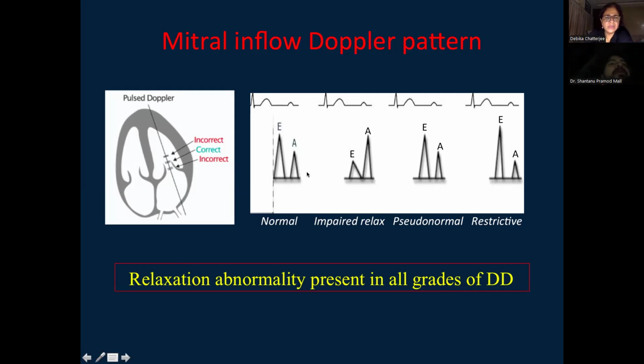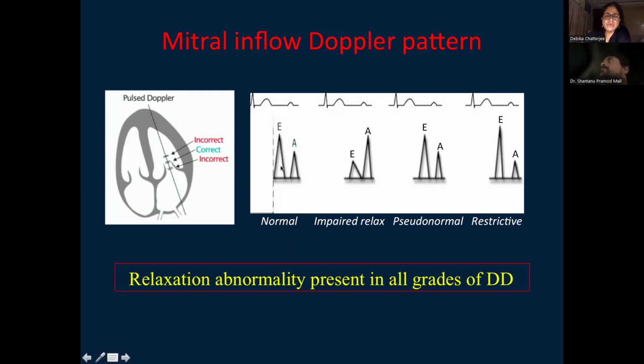Now, this is the normal pattern. As the diastolic dysfunction sets in, as I have said, the LV relaxation becomes impaired. So the LV pressure fall is less. So when the mitral valve opens, the pressure difference between the LA and LV is less.